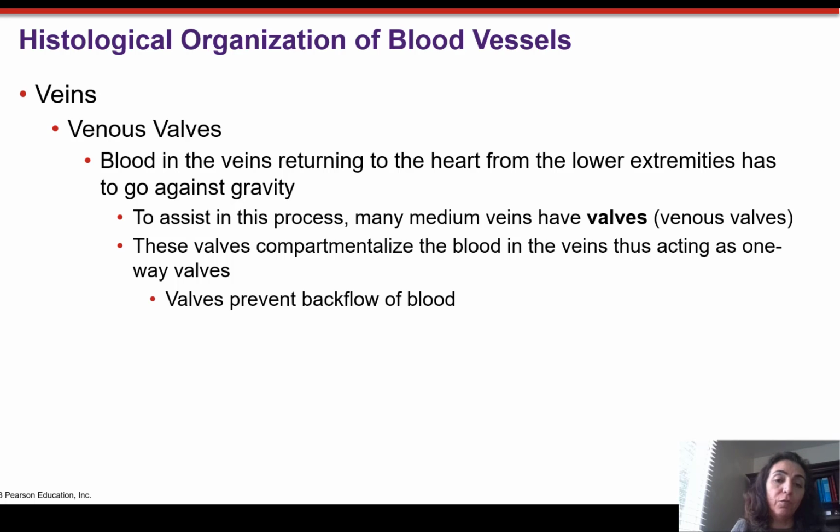That's the meaning of compartmentalize. In one word, the valves prevent backflow of blood. Now, what other thing can help the blood move up and pass through valves so that when they pass, they do not get back down? What do you think? What might it be?